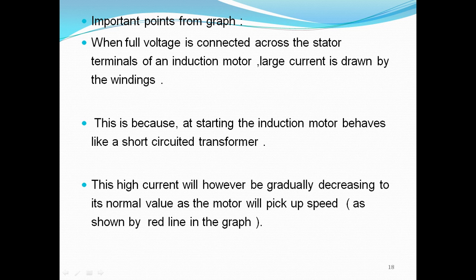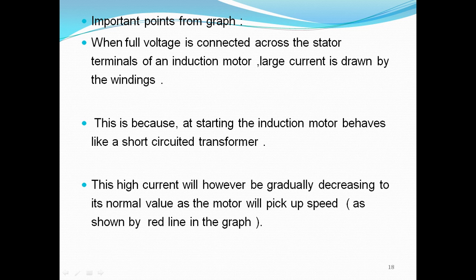So this heavy current may not impact the electrical stresses that are as severe as those experienced by other motors.